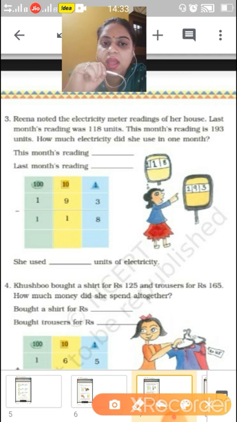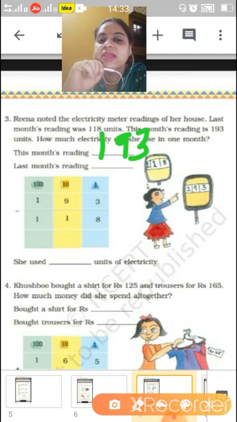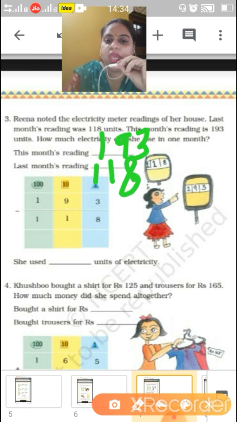This month's reading is 193, you will write here. Last month's reading was 118, above the line you will write. Okay. Now 193 minus 118.